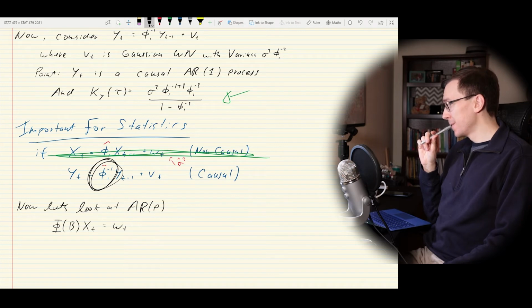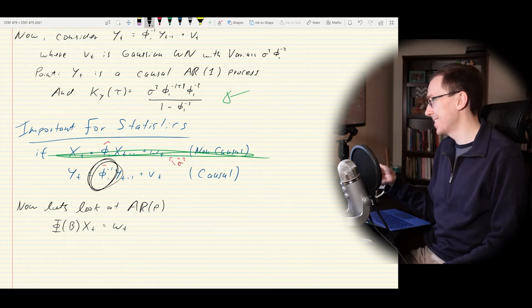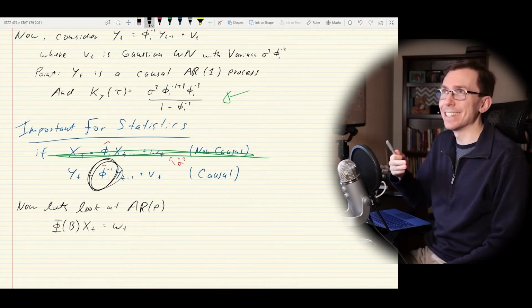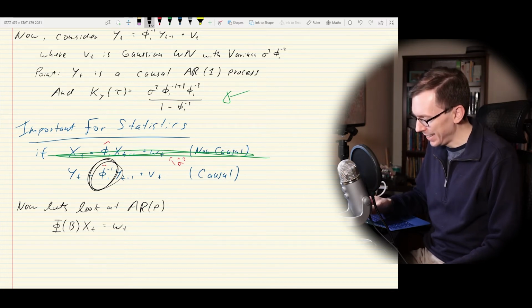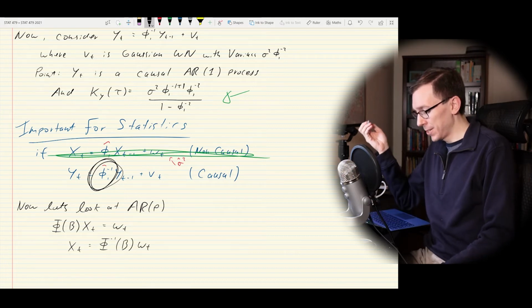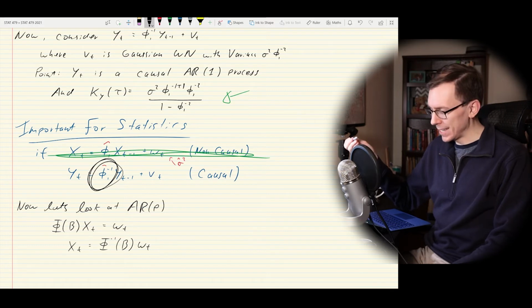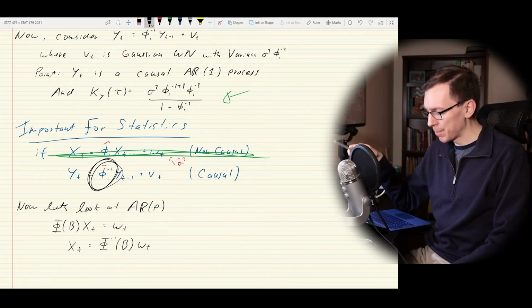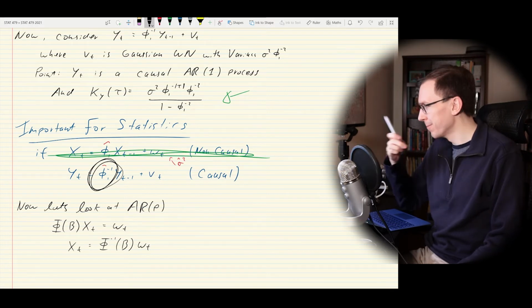Okay, so operators are invertible, I guess, in some cases. So in this case, what we can do, and we'll define it better in a second, is write this as phi inverse of B applied to wt. So this is going to look a lot like a linear process in the sense that I'm applying some type of operator to wt.